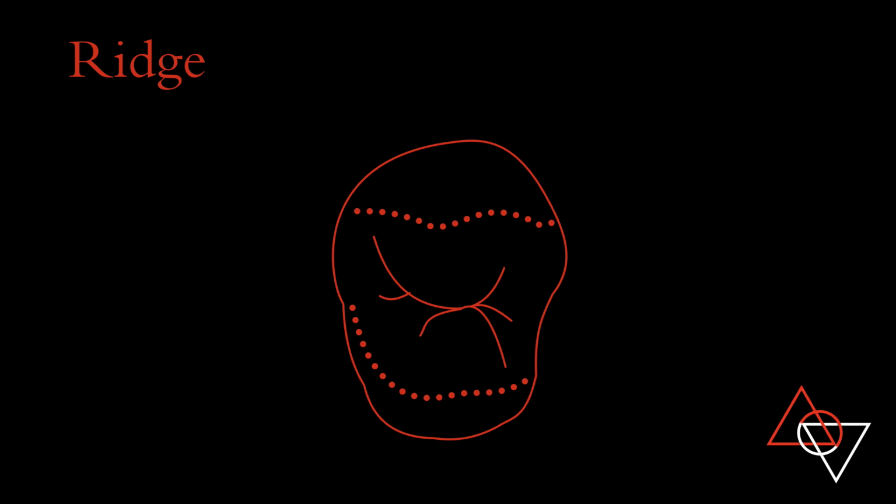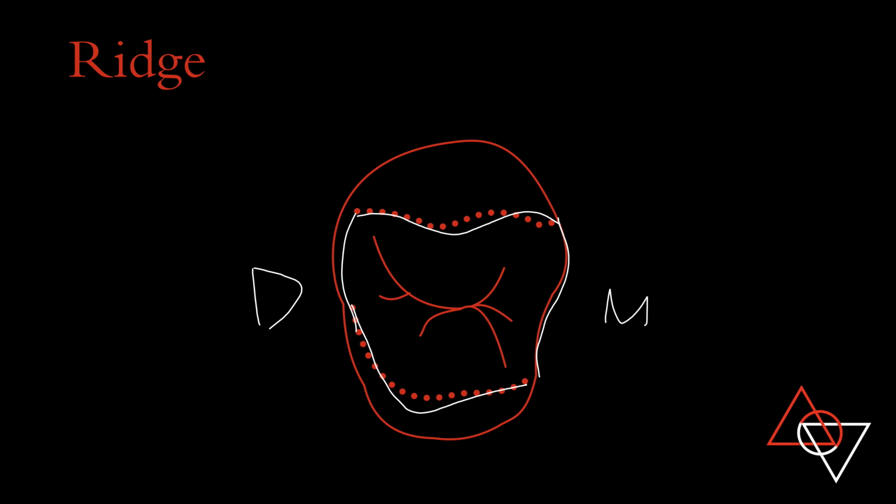This occlusal view has 4 ridges that outline the occlusal surface. This would be the facial ridge, this would be the oral ridge, and if this side is mesial, this would be the mesial ridge, and this is the distal side, and this would be the distal ridge.